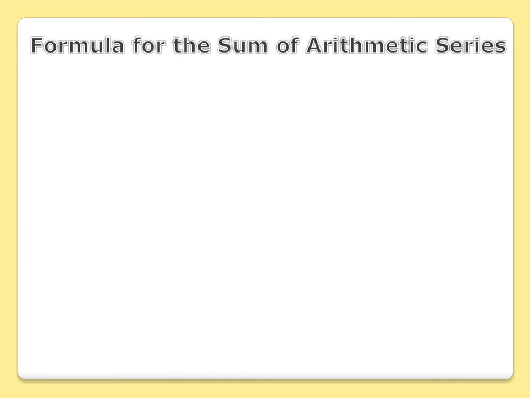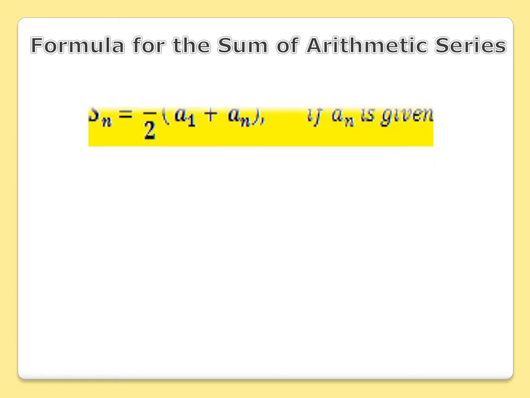Let's have the formula for the sum of an arithmetic series. If the last term and the first term are given, this is the formula to be used: S sub n is equal to n over 2 times the quantity a sub 1 plus a sub n.